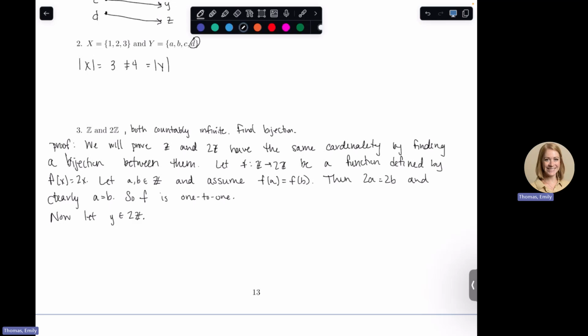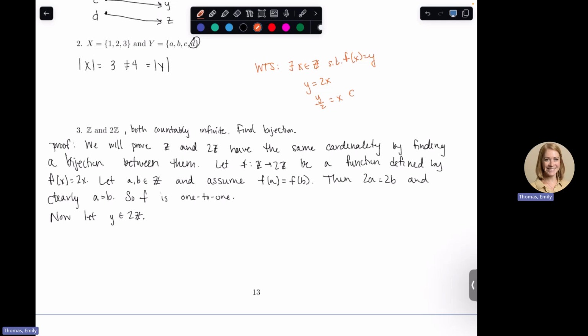We want to find an x such that f of x equals y. Okay. Well, y is equal to 2x. We're there, yes? So y over 2 is x.